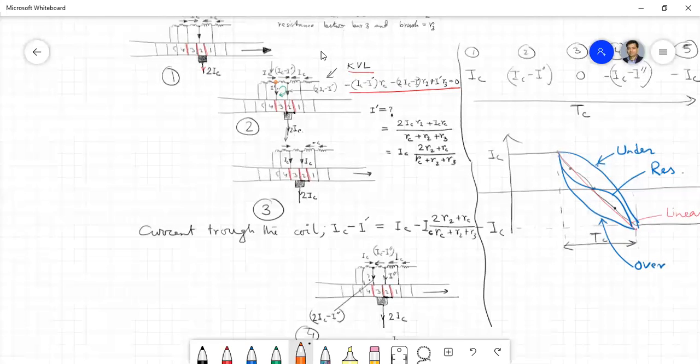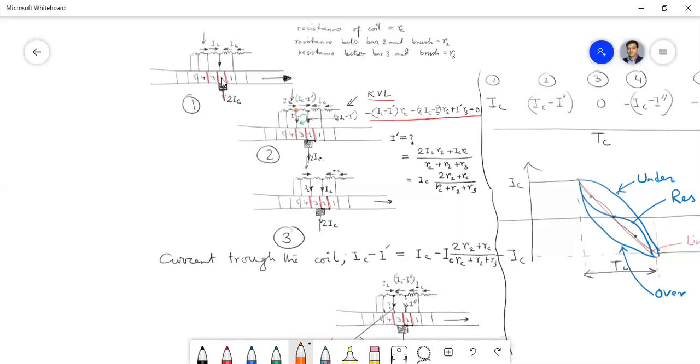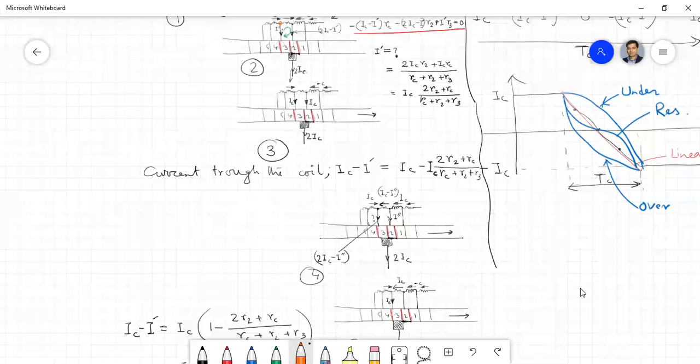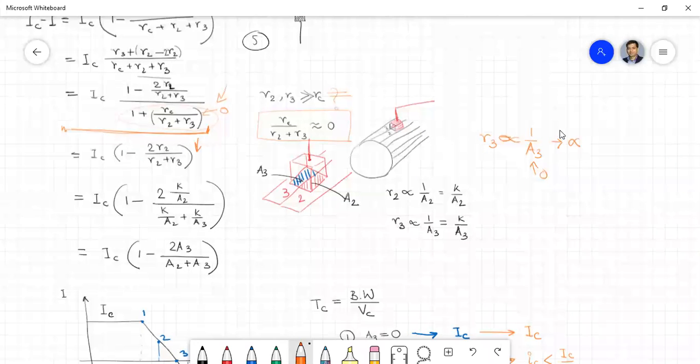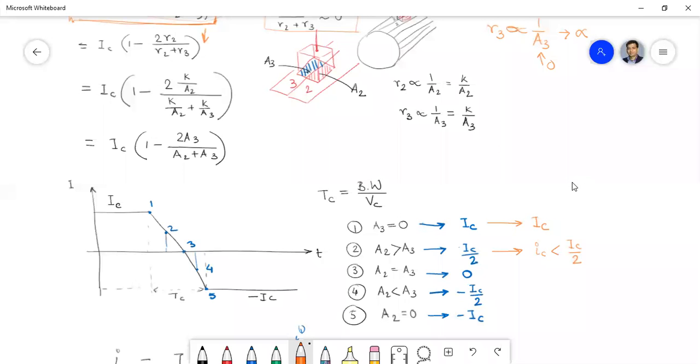When the brush is in contact with 2 only, there is no branching of current at all. So that means this whole IC is flowing through the coil undergoing commutation, isn't it? Okay. And if you understand from this expression, then you can think of this type of explanation.